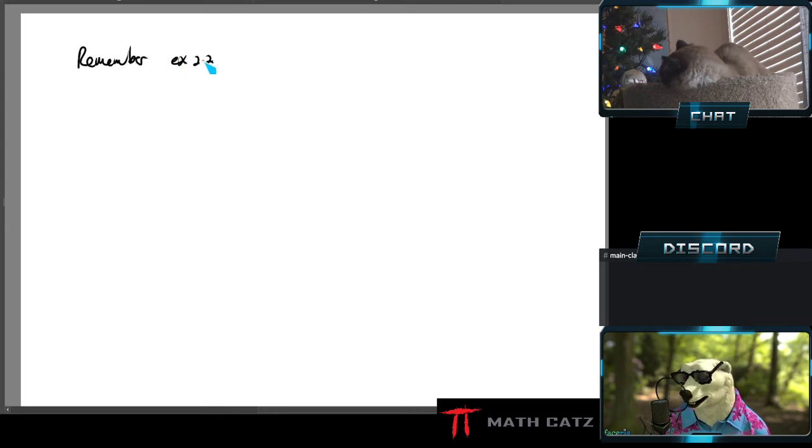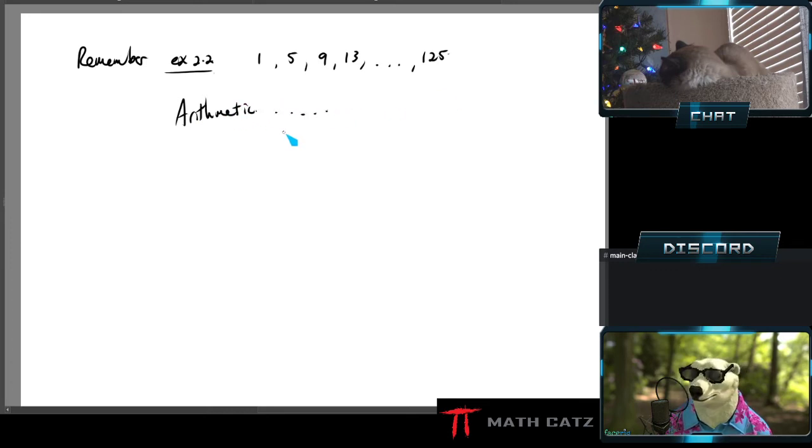Exercise 2.2. Now, I won't do the whole thing. I'm just going to set it up to show that what we now have to do is the same basic strategy. And eventually I hit 125. I recognized it as an arithmetic sequence. First term, blah, blah, blah.